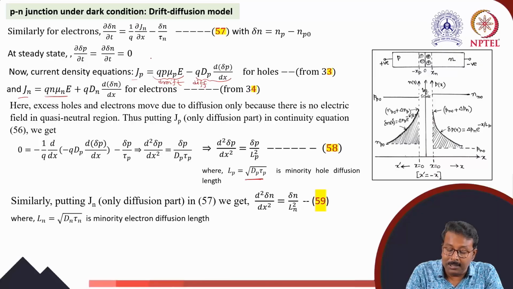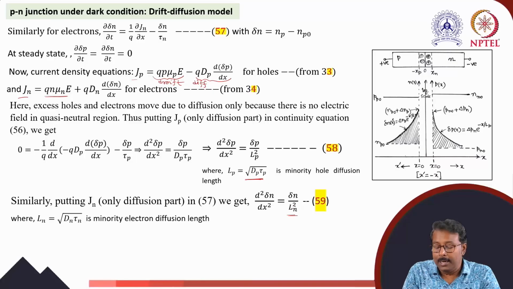Another term, delta n by tau n, will be present, but Dn is associated with this term, and we have changed it to another term like this. So we get d square/dx square of delta n equal to delta n by Ln square. This is the equation for minority electrons in the p side. We have assumed in the quasi-neutral region there is no electric field and no potential drop. That's why only diffusion exists.